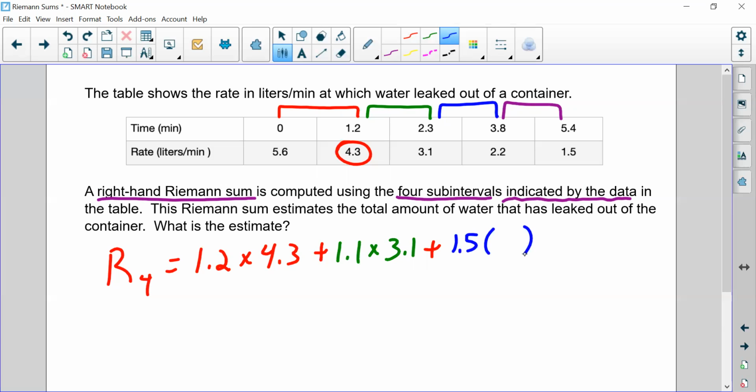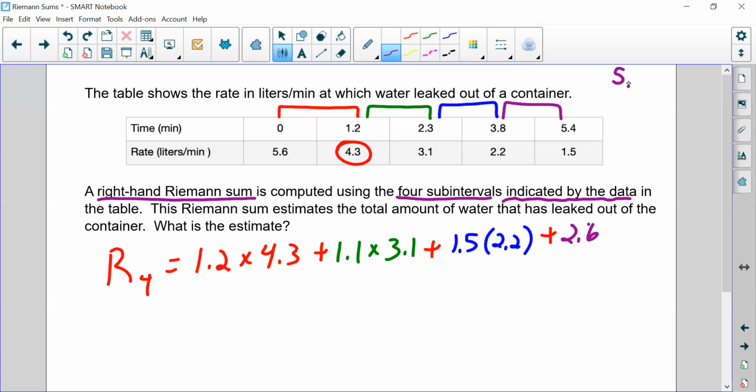which is what? What's that height? 2.2. And then the purple rectangle, what's its width? 2.6. Okay, everybody know how we're finding that 2.6? What are they doing to get that?